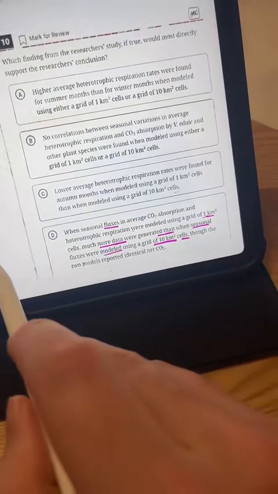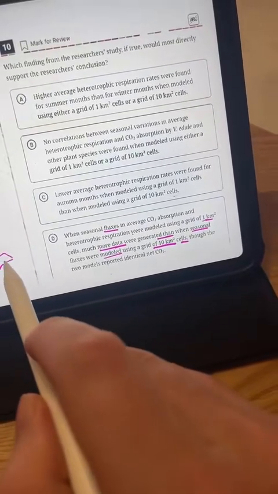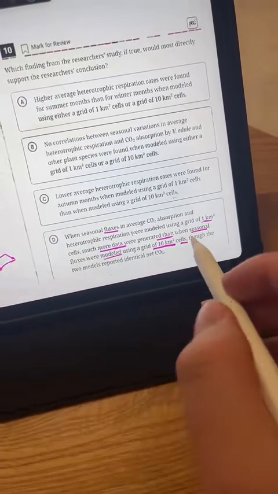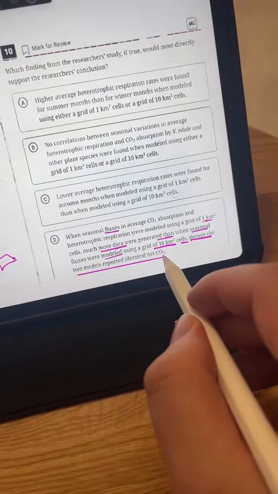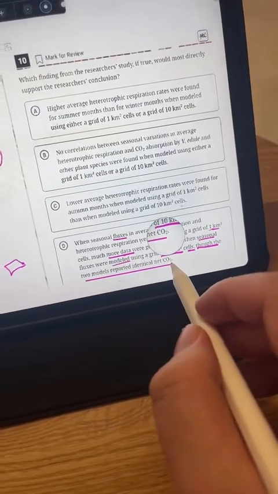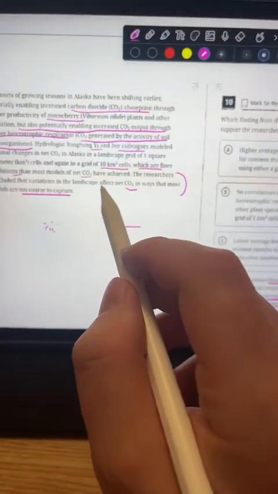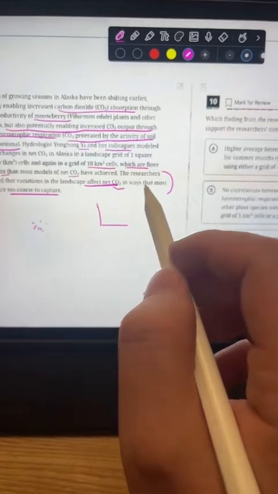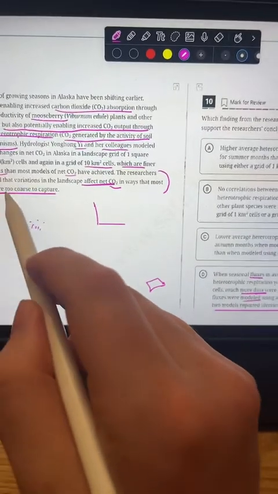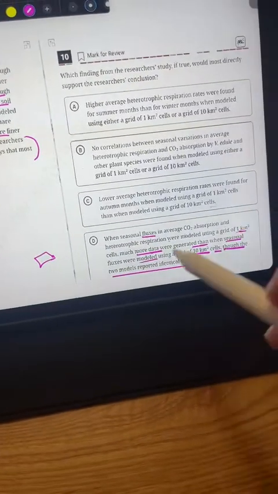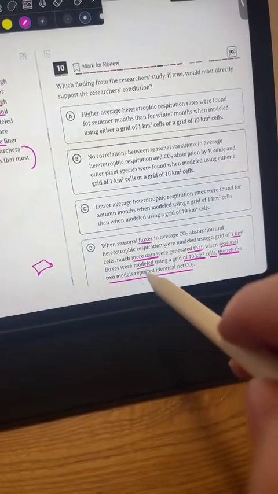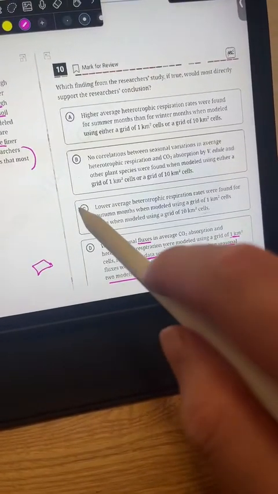So if it's narrower, if it's not too broad, then it's better. Though the two models reported identical net CO2, and here, affect net CO2 in ways that most models are too coarse to capture. Okay, so they are just explaining how they captured the CO2 levels.